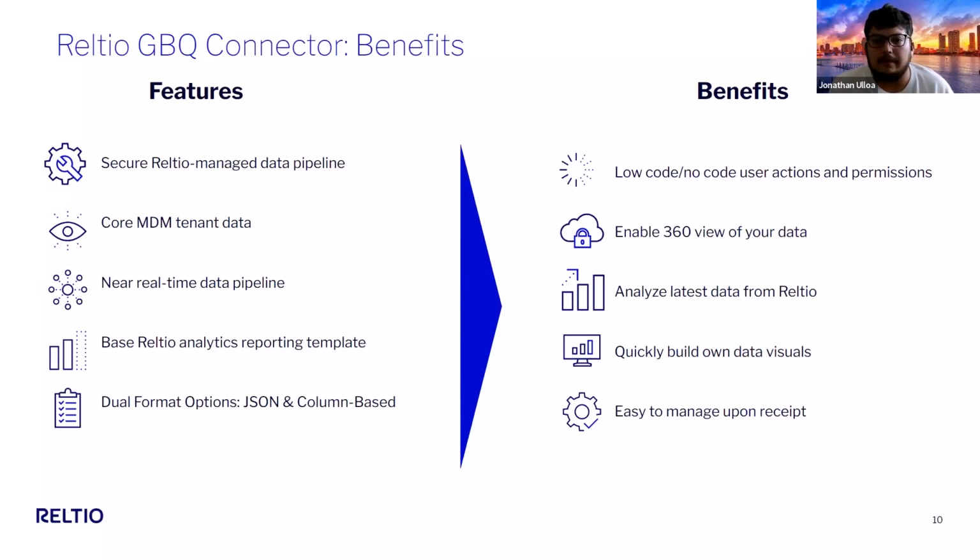And frankly, if the JSON format, that's a new feature here, is selected, when you add a new attribute as part of your data model within the Reltio platform, that essentially is taken care of by Reltio. So you no longer have to submit a support ticket whenever there's a data model change to be able to get the latest on that information, right? And this is now managed by Reltio. So when you talk about out of the box, this is another thing that Reltio does on behalf of you.